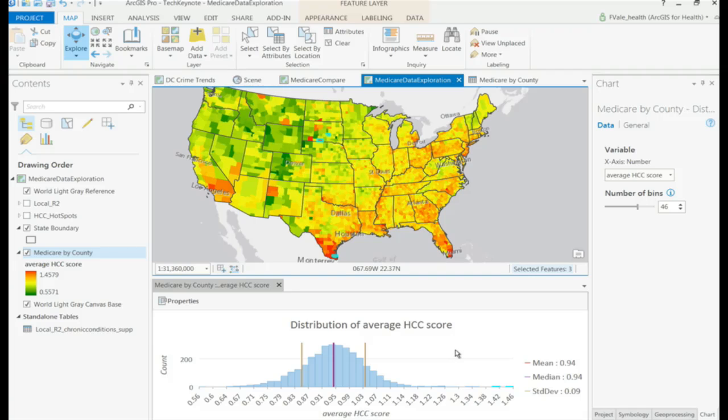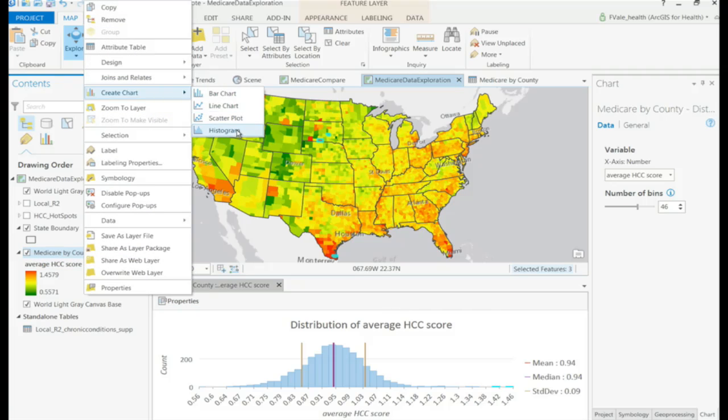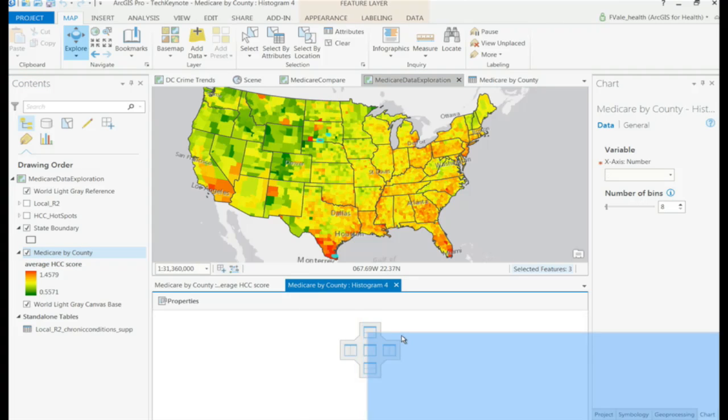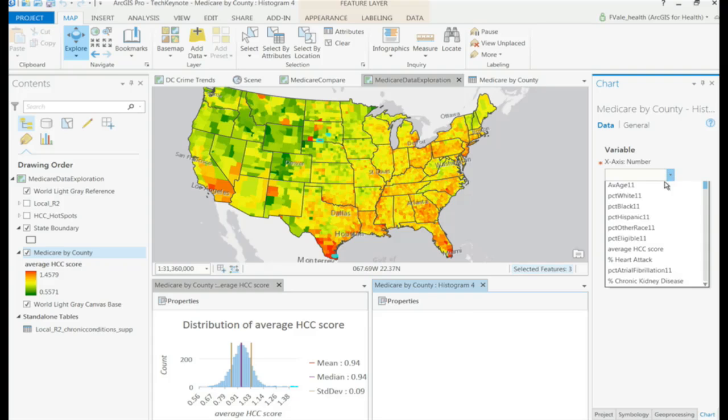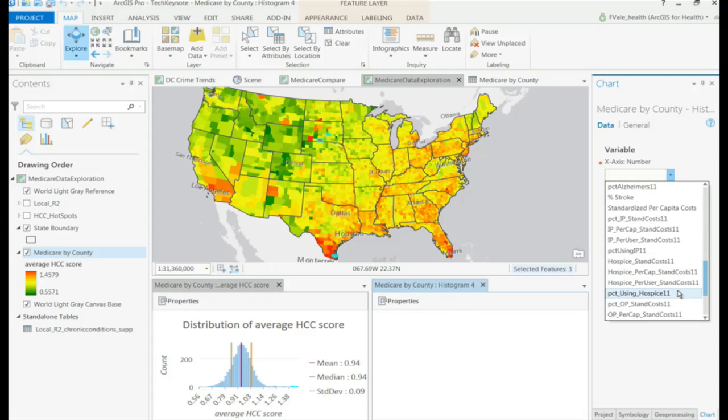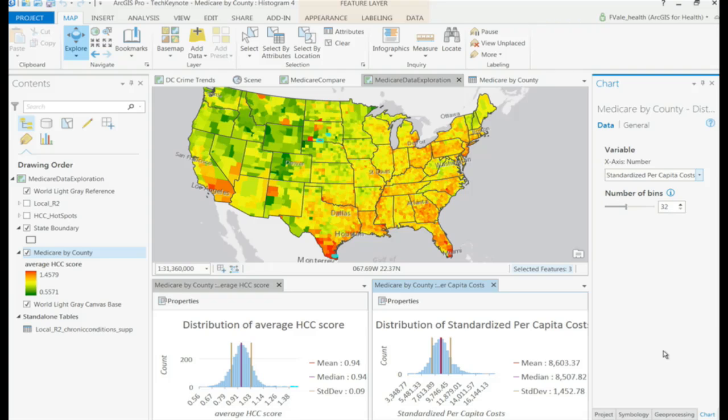I'm also really interested in the amount of money that we're spending per Medicare beneficiary. So I'm going to create another histogram to take a look at the distribution of per capita spending. And here we go.